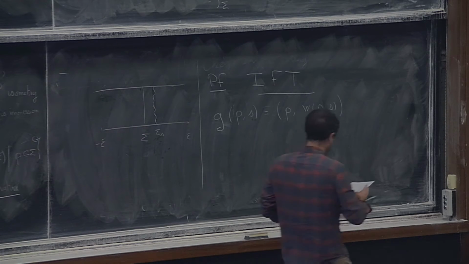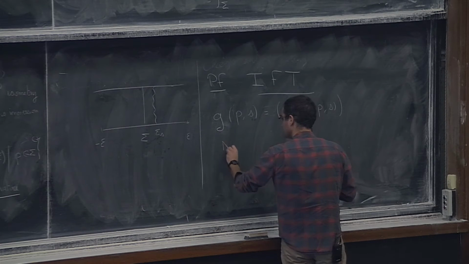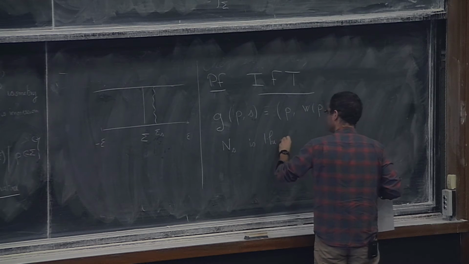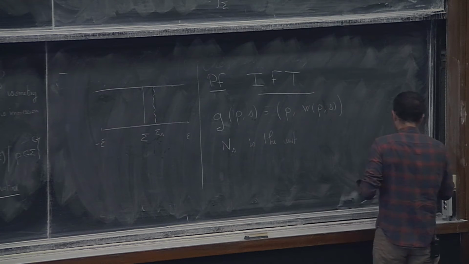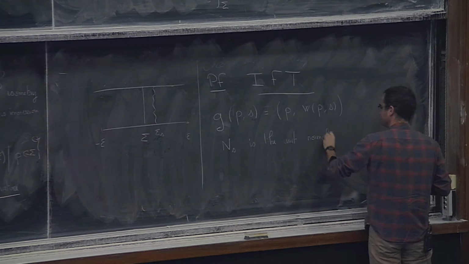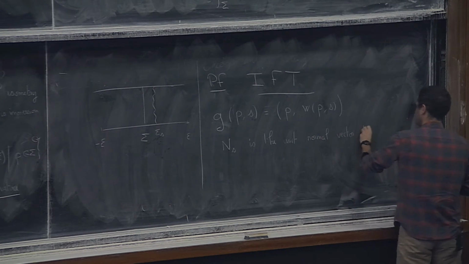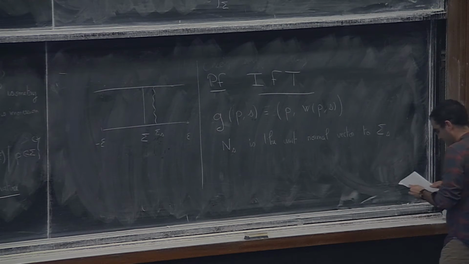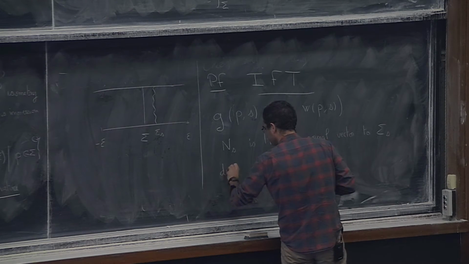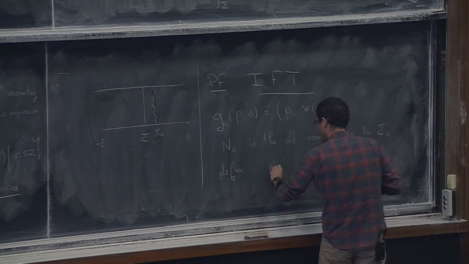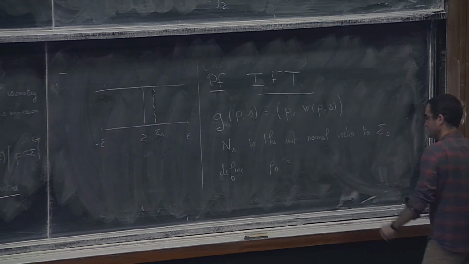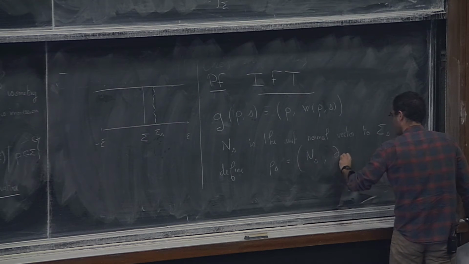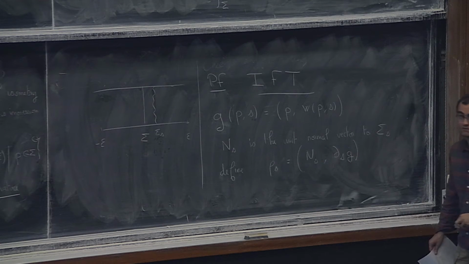And I will also use the following notation. n sub s is the unit normal vector to sigma sub s. And you define rho sub s as the scalar product of n sub s with the derivative of G with respect to s.